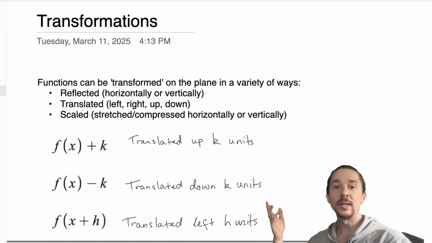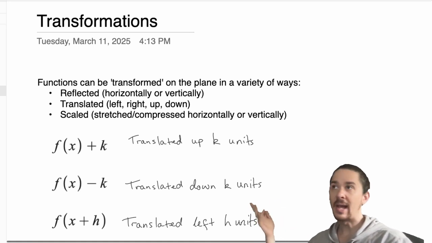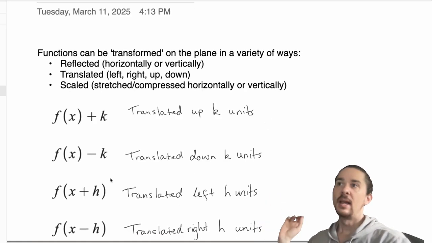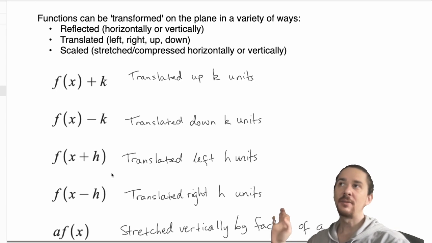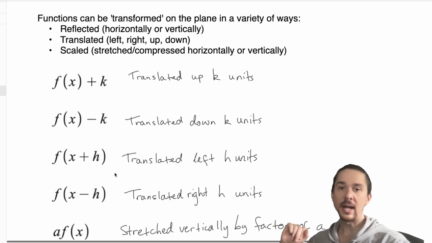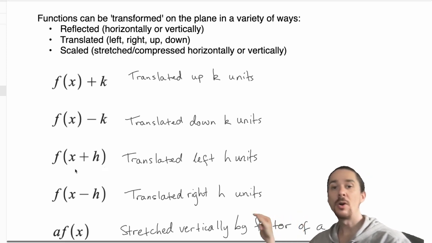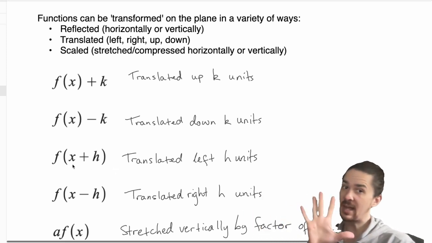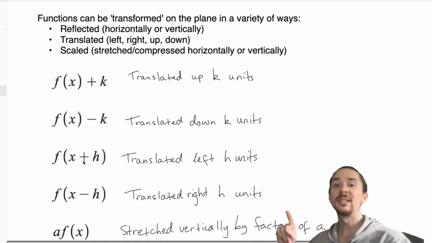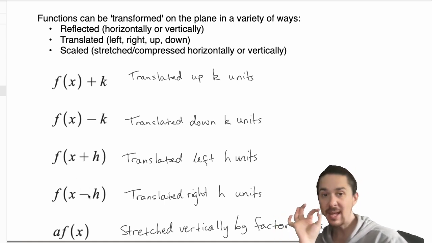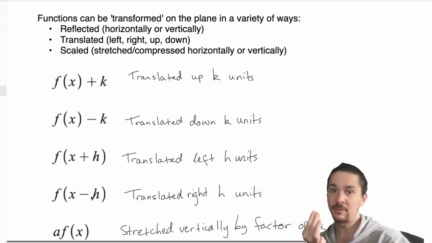So if we want to translate something up or down, we add or subtract a constant. If we want to translate something left or right, we also add or subtract a constant. So what's the difference here? Well, in one case, we take the function and then we add or subtract something onto it. In the other case, for a horizontal, if we want to change in the x variable, we actually add or subtract from the x value inside the function.